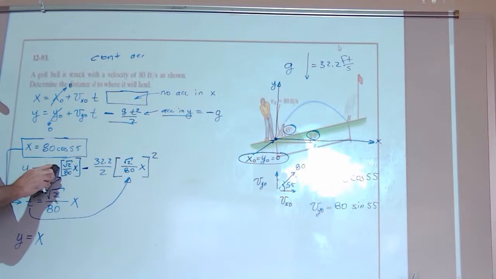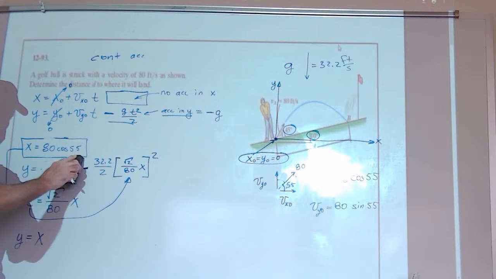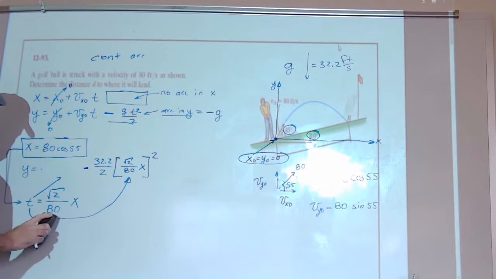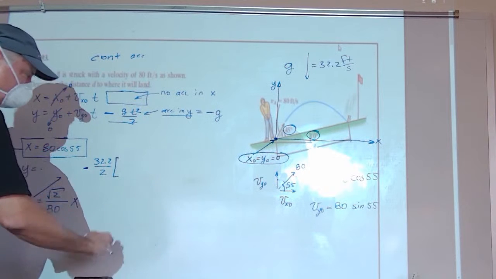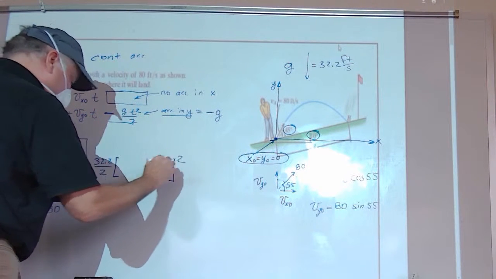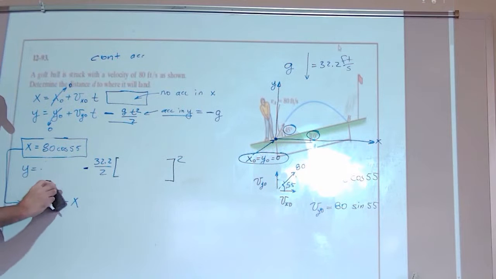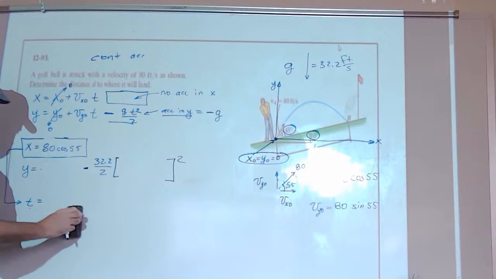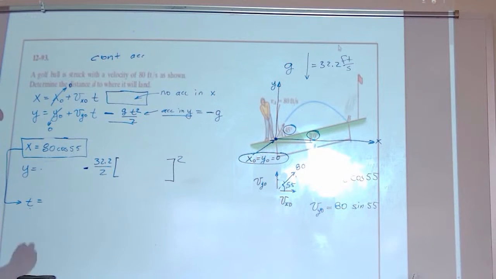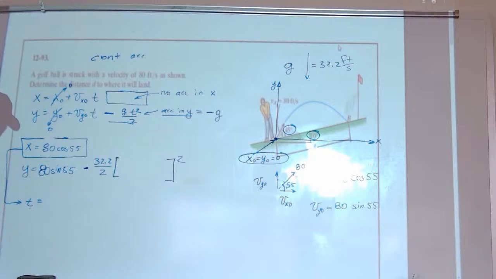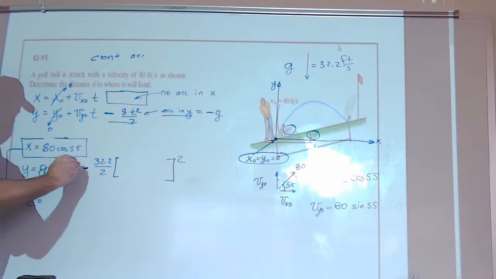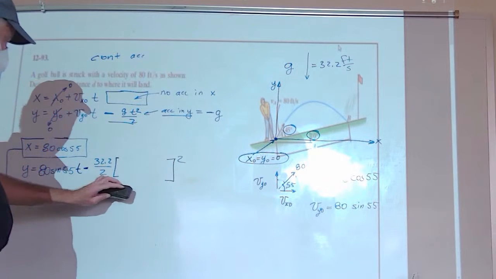this becomes, I'm going to back these two up a little bit. Here, let's fix this. I'll move the square over. Move this over. Okay, so now I have 80 sine of 55, and I have t. You know what? I'm going to carry it this way. One more step.